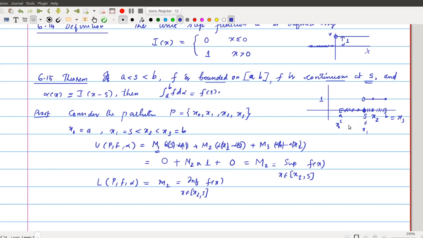Then for any refinement of this partition, you get U(P, f, alpha) and L(P, f, alpha) as capital M2 and small m2 respectively.